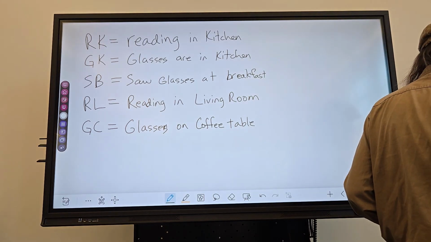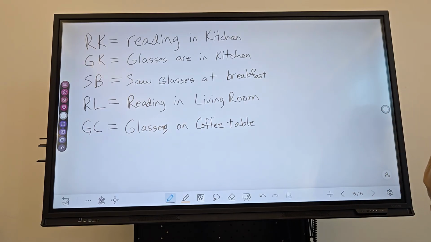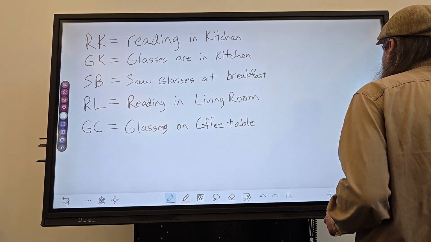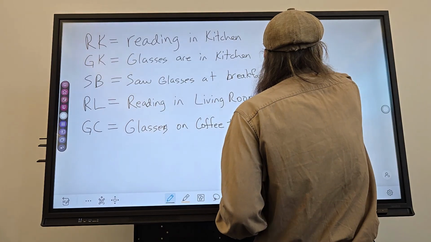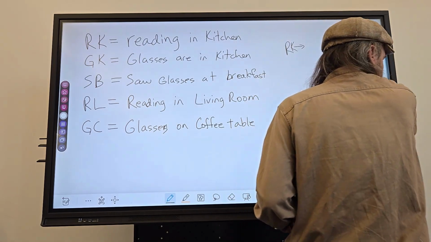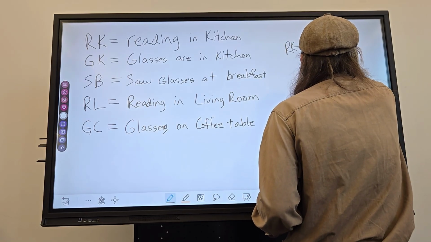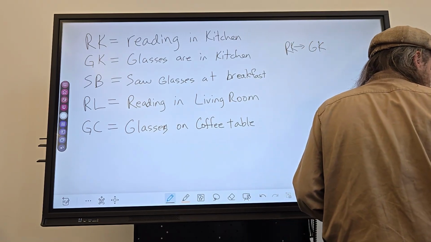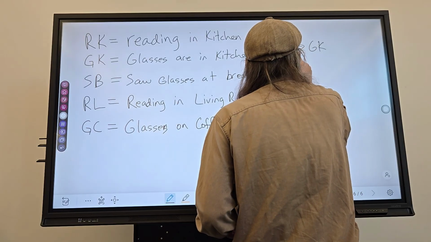You sequence the steps to reach the answer. If RK, then GK. If GK, then SB.